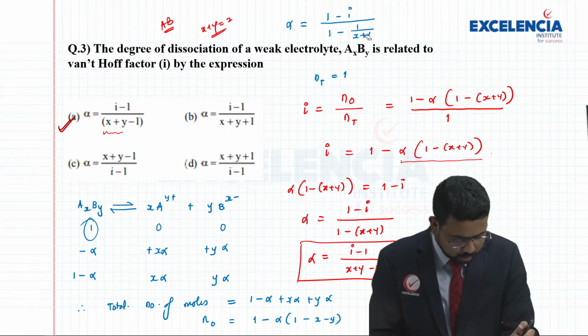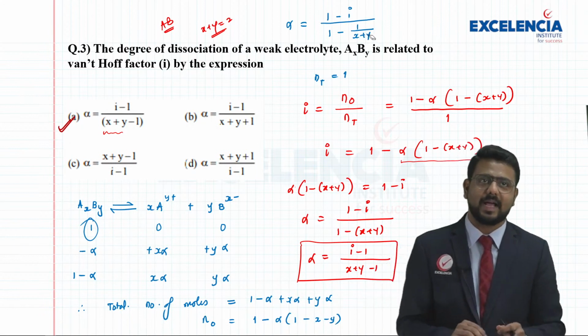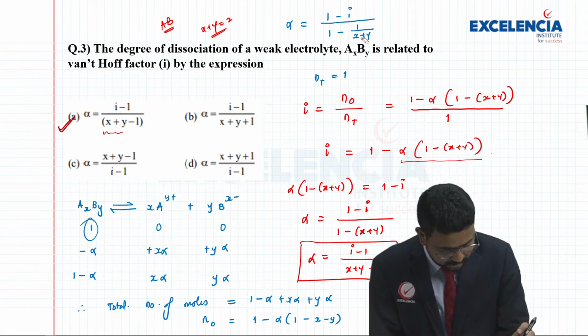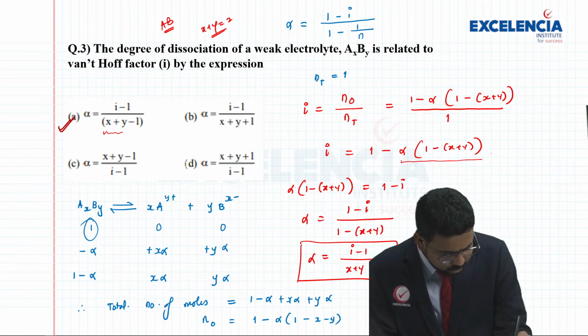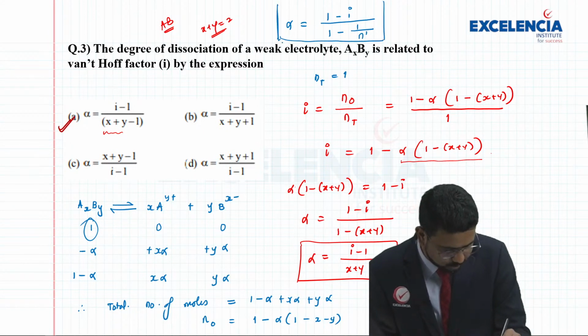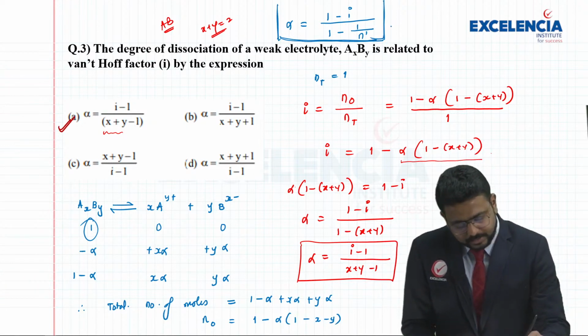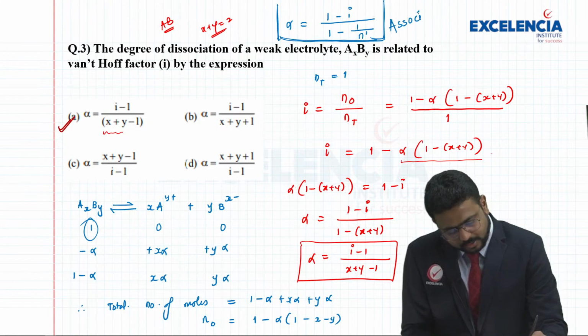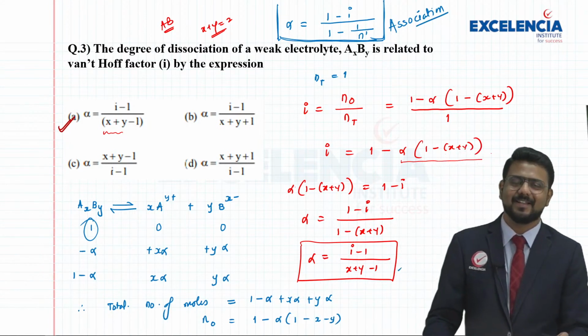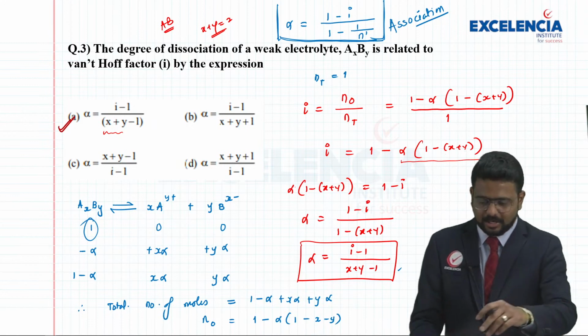So I can also put n dash instead of x plus y. Either way it's perfectly fine. n dash is nothing but the number of particles undergoing association or dissociation. So please remember this expression for association, and this one is for dissociation, that's why your answer is A here.